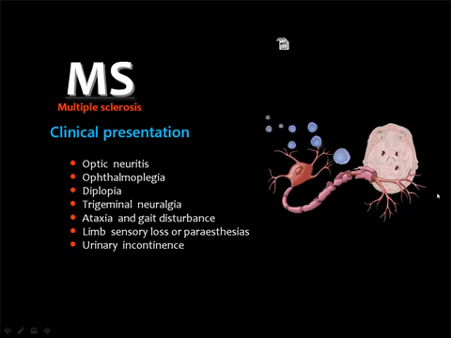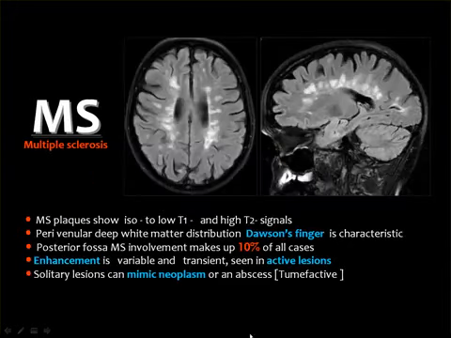The clinical presentation is very familiar to all of you, including optic neuritis, ophthalmoplegia, diplopia, trigeminal neuralgia, ataxia, sensory affection, and sometimes urine incontinence.